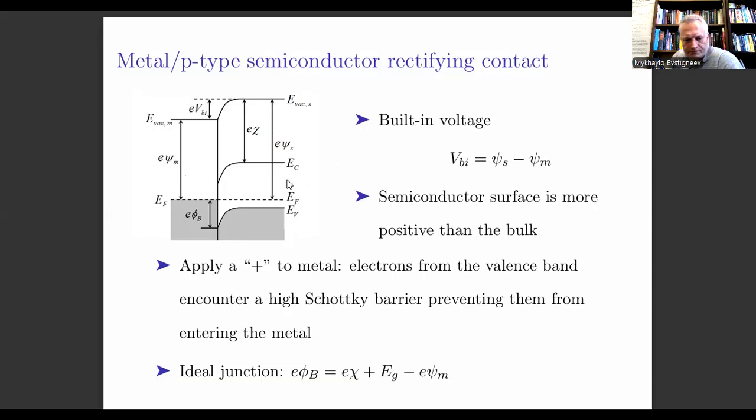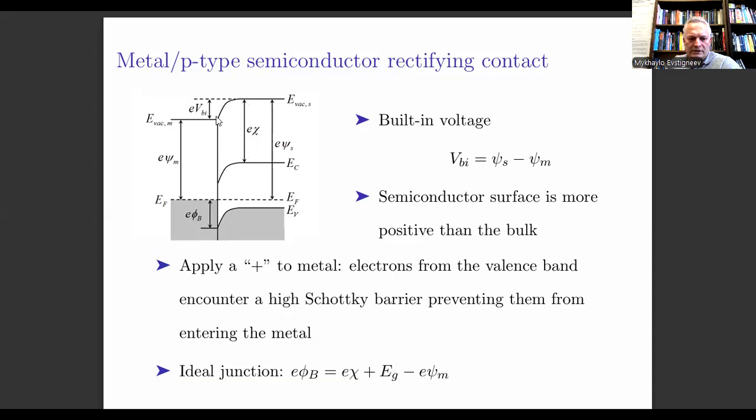And the size of the Schottky barrier for this ideal junction, which is our primary interest, we can figure out by considering this energy band diagram here. E chi plus the band gap energy is the energy difference between the vacuum energy on the semiconductor side and the valence band energy at the top of the valence band. So this is E chi plus E gap.